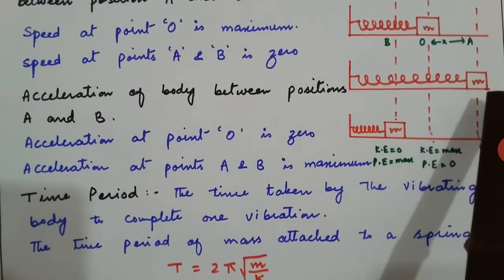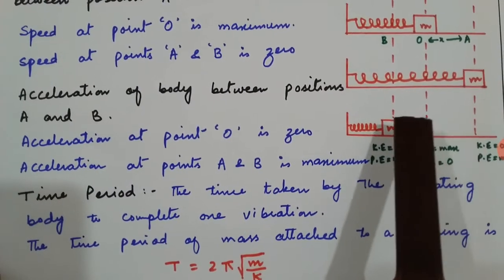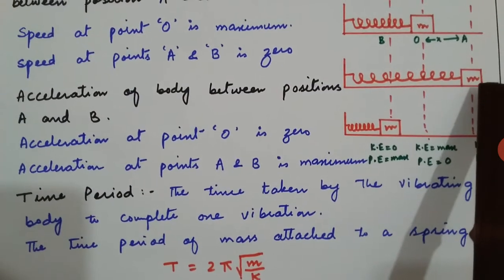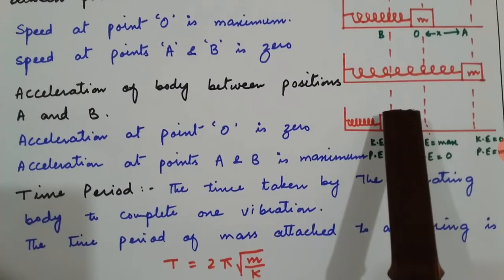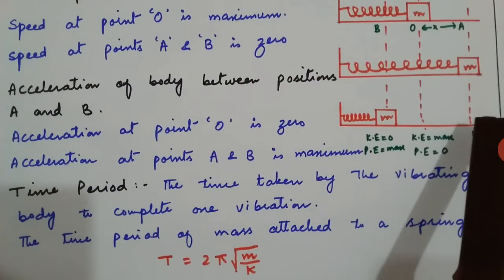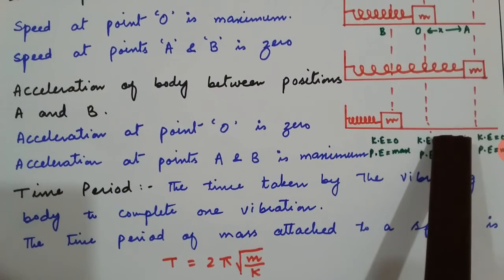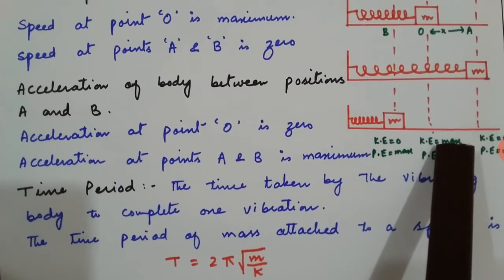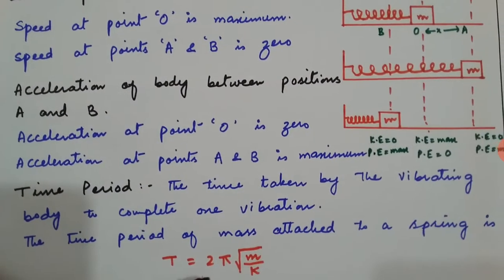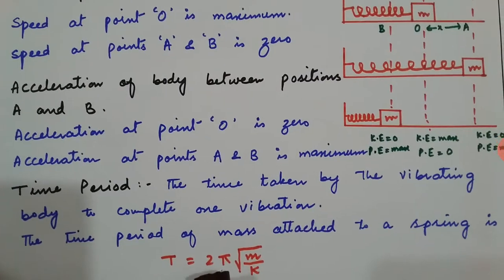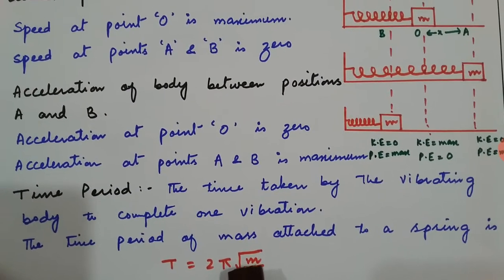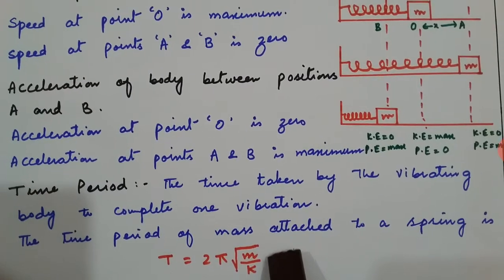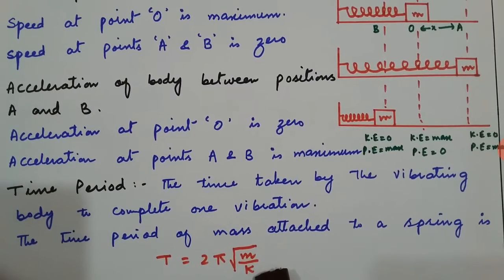The mass attached to a spring completes one vibration when it moves from O to A, then A to B, and then comes back to point O. We can find the time period of a mass attached to a spring with the help of this formula: T is equal to 2 pi under root m over k. Here m is the mass of the body and k is the spring constant.